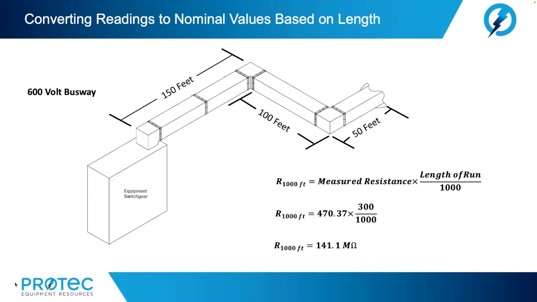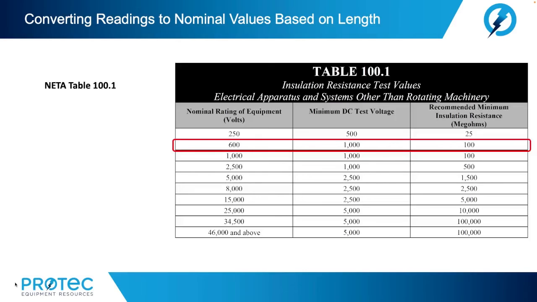And we would see that our actual recordable resistance for our report would be 141.1 megohms. So going back to our NETA table, we see that we need a minimum of 100. We came in at 141. Therefore, this definitely would have passed.